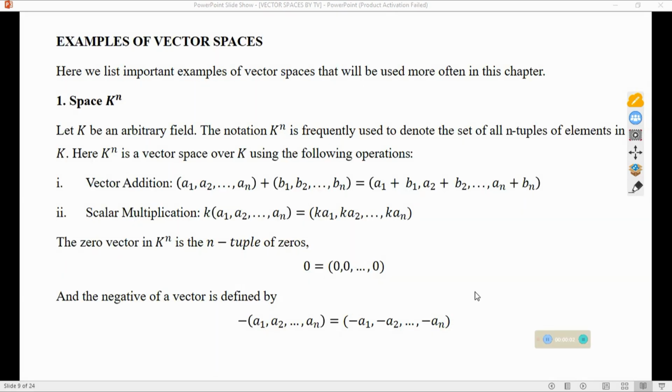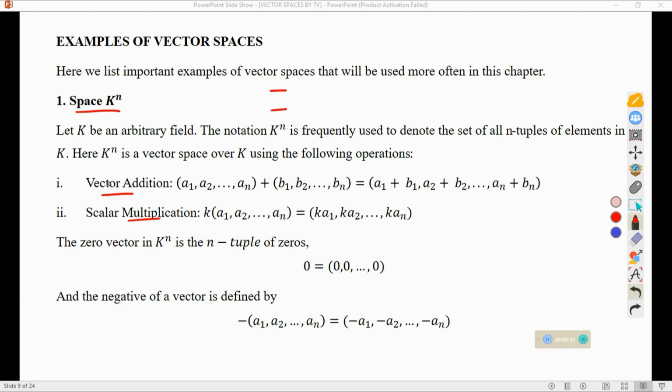In our previous lecture, we also talked about some examples of vector spaces, and if you recall very well, we talked about the space K to the power n. When you are looking at a given space to show that it is a vector space, you must first of all look at the vector addition and scalar multiplication, because the other axioms are built on vector addition and scalar multiplication.